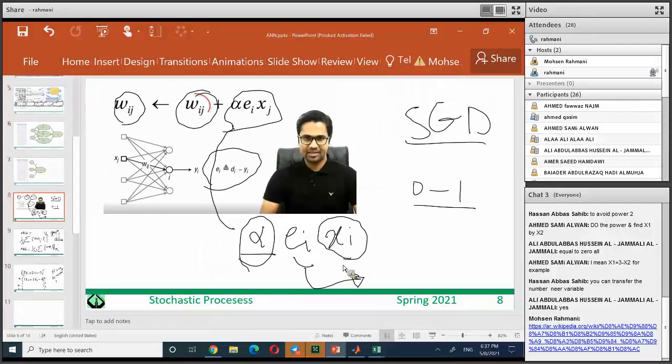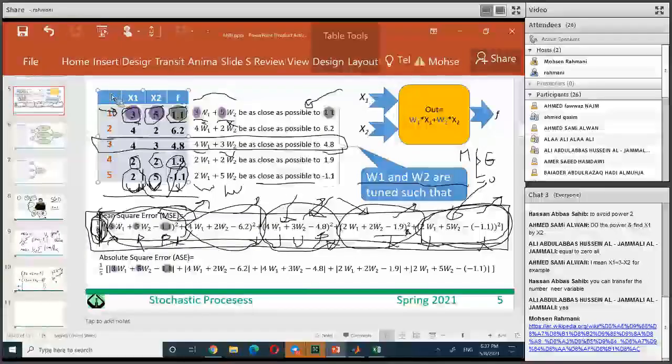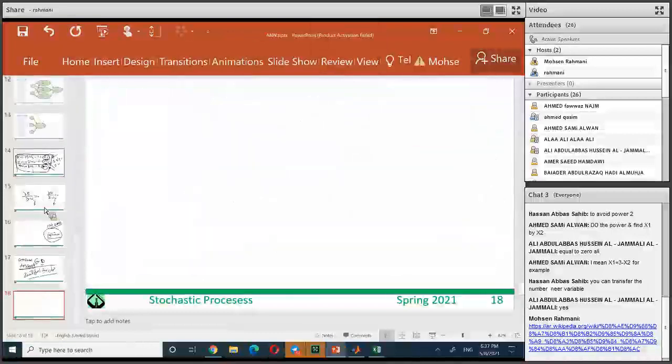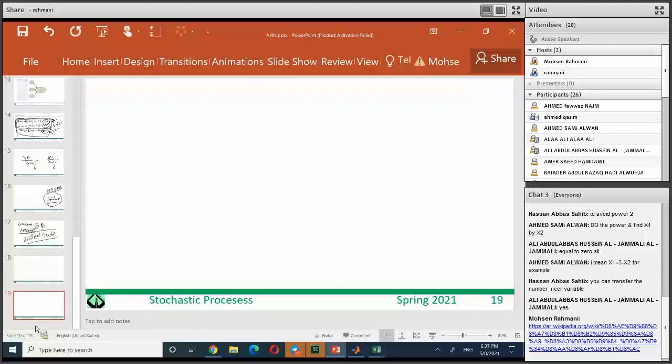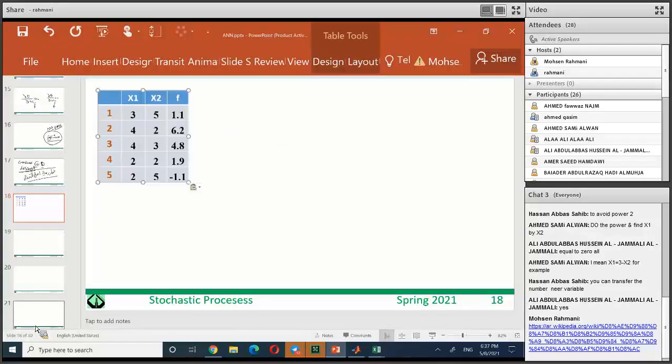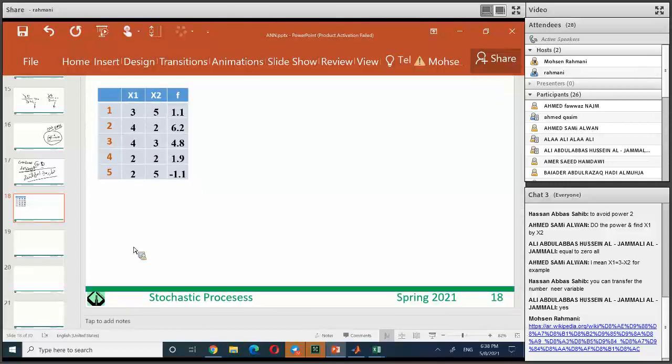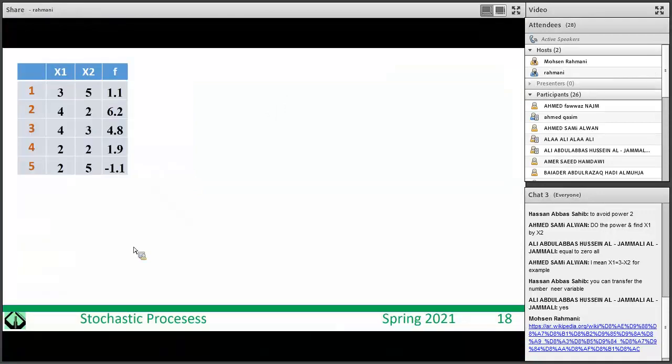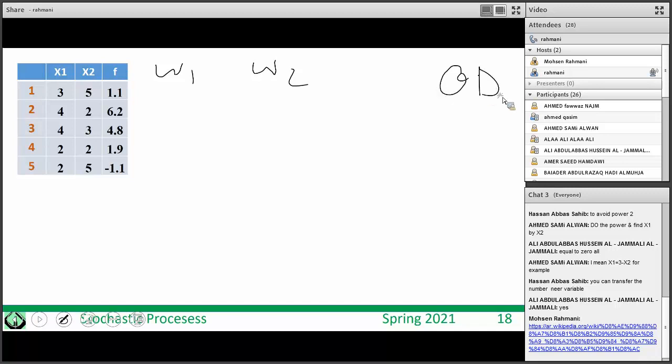For example, let me go to our example. We want to find W1 and W2.